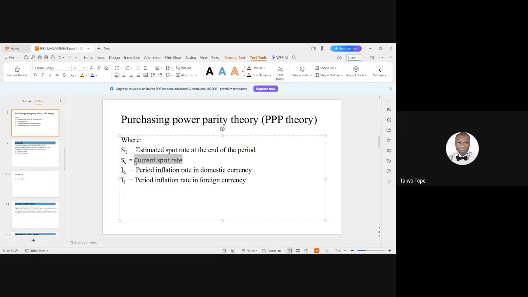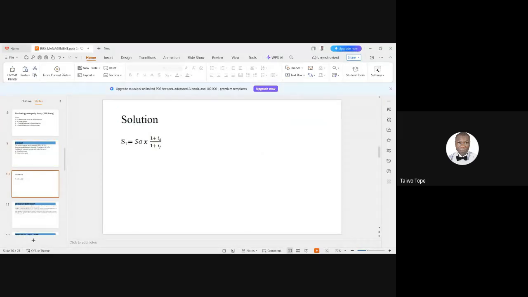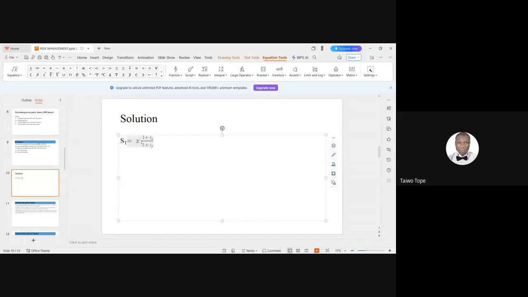This is the definition of those variables. From the question, the current spot rate in terms of direct quotation is 250.